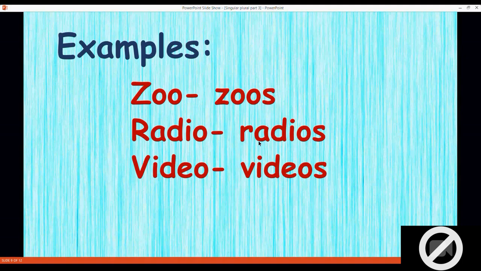Yes. Radios. What is the last letter of the word radio? O. So, for a word that ends with O, most of the words, we just add S. Radio, radios. Thank you, Manasa.